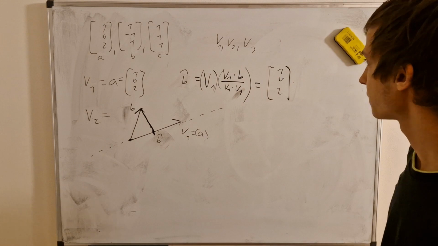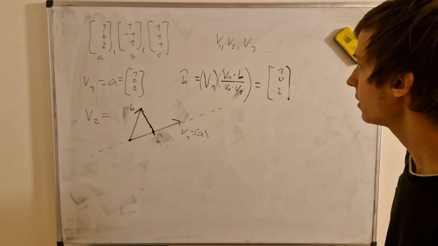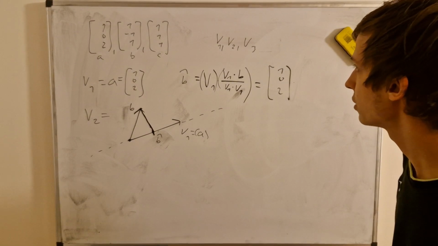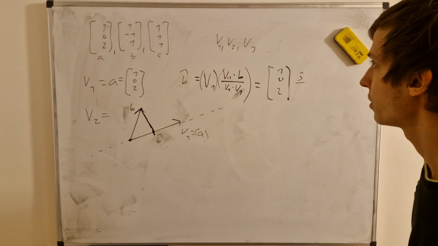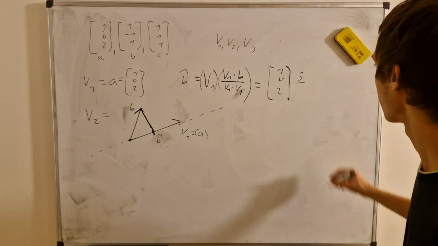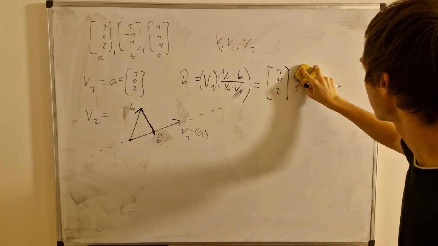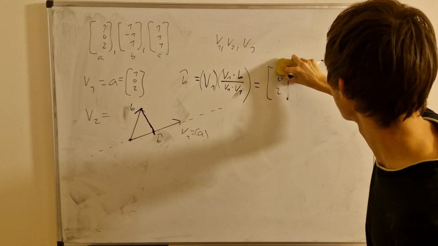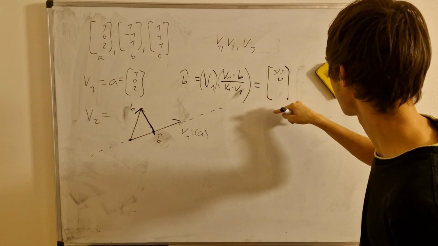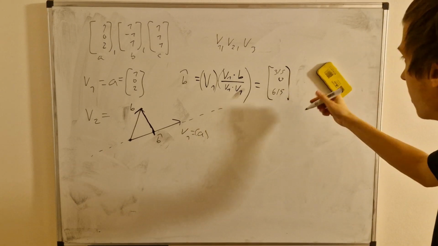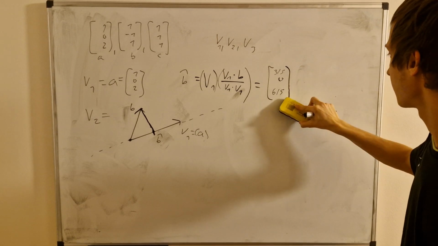V1 dot B, so 1 minus 0 plus 2, so it's 3, over V1 dot V1, that's 1 plus 4, which is 5. So in all, it's 3 over 5 and 6 over 5 here. You can check for yourself, or if you create an example for yourself, or find some other example, you can just practice this very process. So that's it for now.